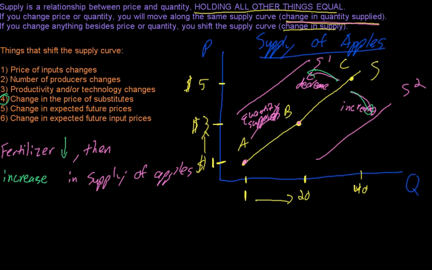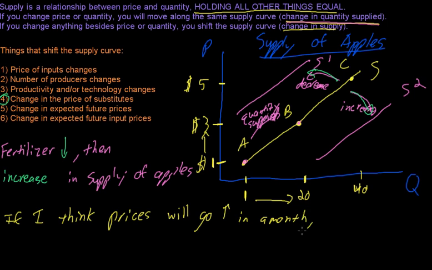For the change in expected future prices, if I think that prices will go up in the future, prices will go up in a month, I will produce less now and save it for when prices are higher, and produce more in a month.